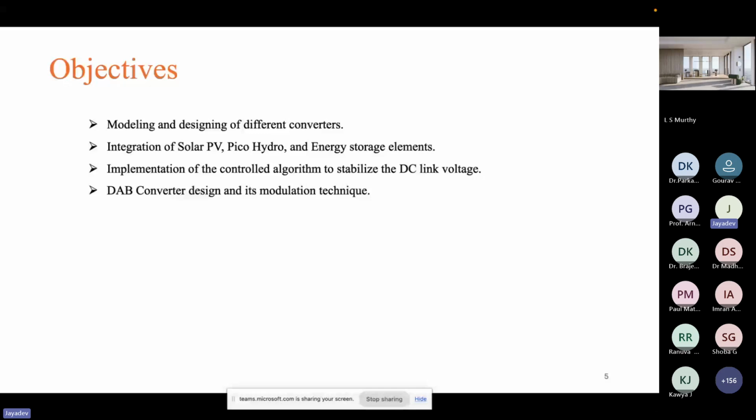And we will design and implement some control algorithm to stabilize the DC link voltage. And later we'll discuss the DAV converter design and some modulation techniques, and how different modulation techniques will help the DAV converter to achieve its optimum performance.